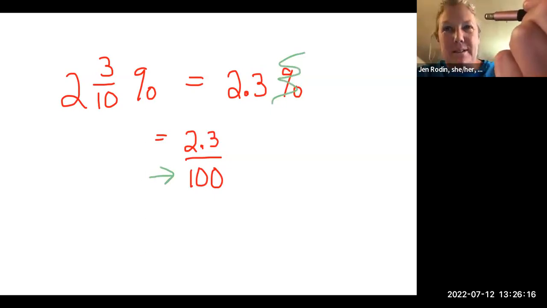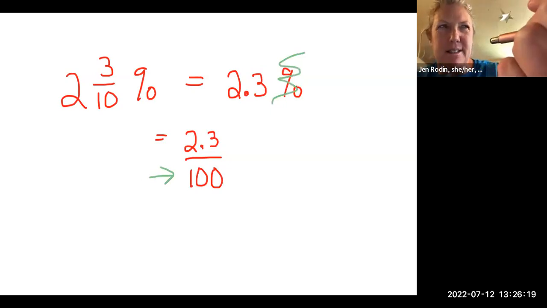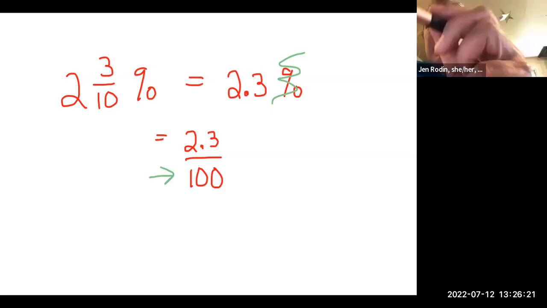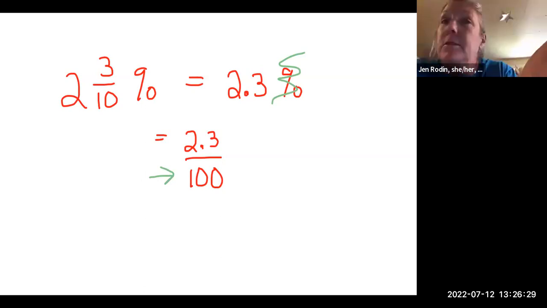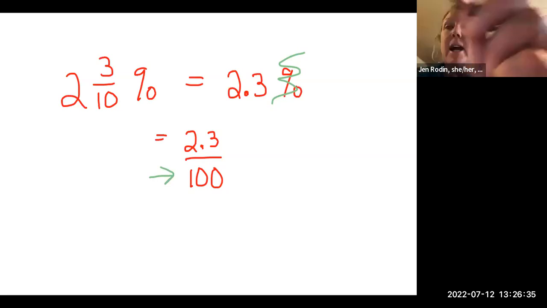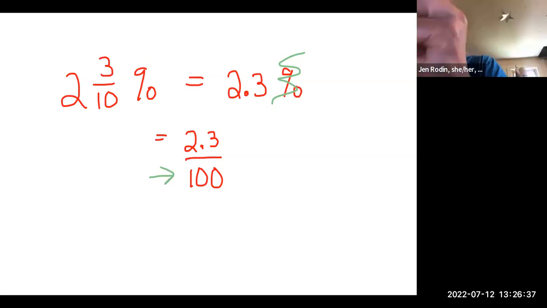But I have not taught this in this class that I think of. We are not allowed to have a decimal point in a fraction. No one ever taught me that until I was a teacher. And I was a math major too, which is so crazy that happened. But you're not supposed to have a decimal point in a fraction. So the way that we get it out of there, you can just move it to the right.